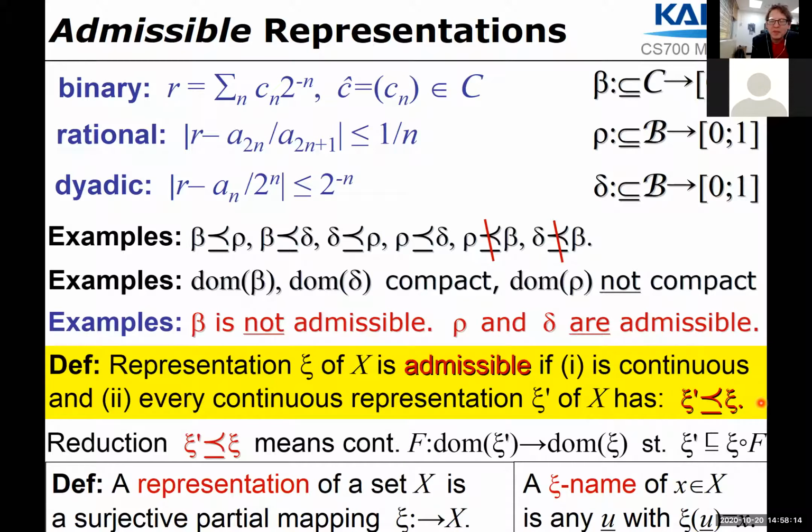Otherwise, the definition of being NP-complete could have been a pretty boring definition, right? But we know by Cook's theorem that there exists an NP-complete problem, namely the Boolean satisfiability problem. And Richard Karp then identified many more problems as NP-complete. Similarly, what we're going to learn on the next slide is that a large class of spaces actually have admissible representations.